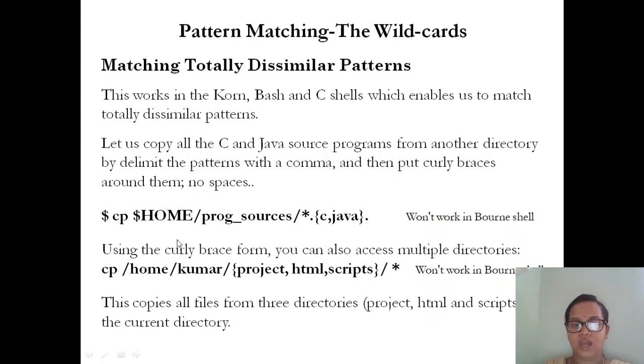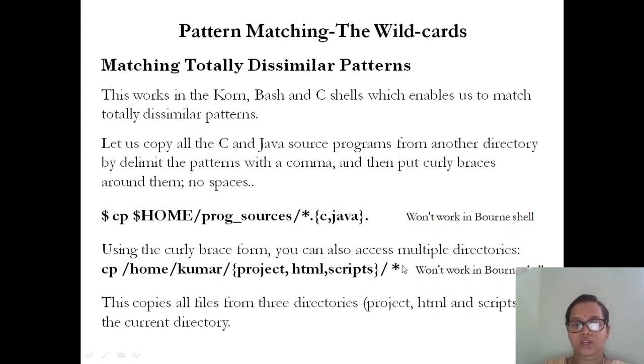In the same way, you can use the curly braces for multiple directories also. Here you are searching for two types of files in one particular directory. But if the scenario is that you want to search for a particular file in multiple directories, that is also allowed.